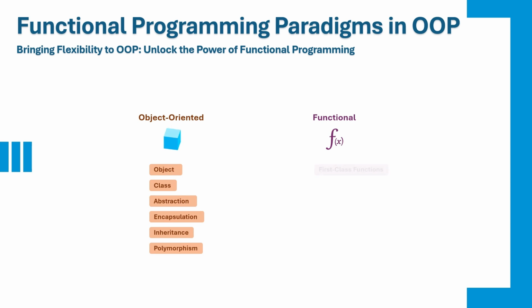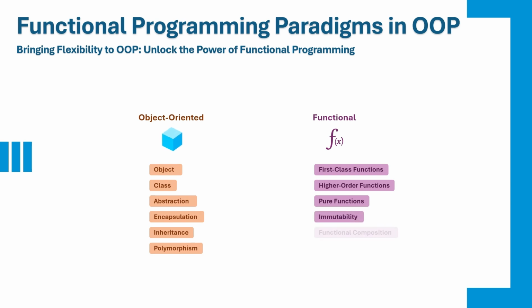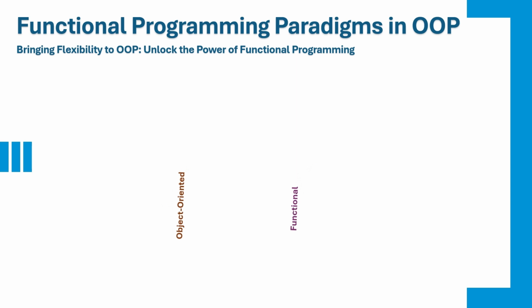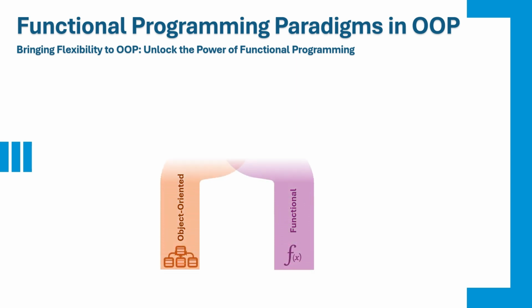Functional programming focuses on pure, stateless functions, immutability, and treating functions as first-class citizens. By integrating these functional programming principles into object-oriented code, we can write more modular, concise, and predictable code that leverages the best of both worlds.